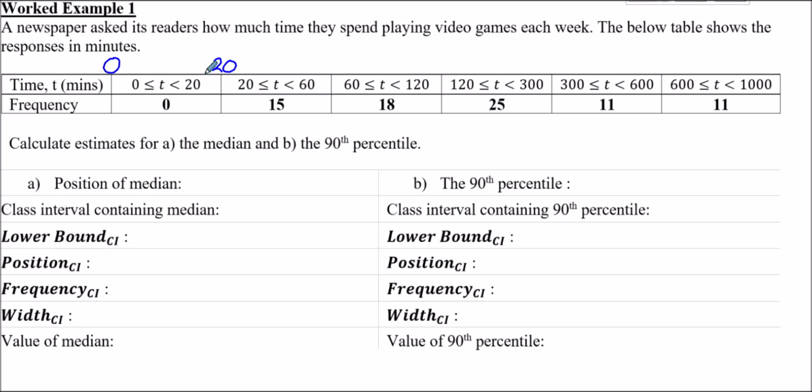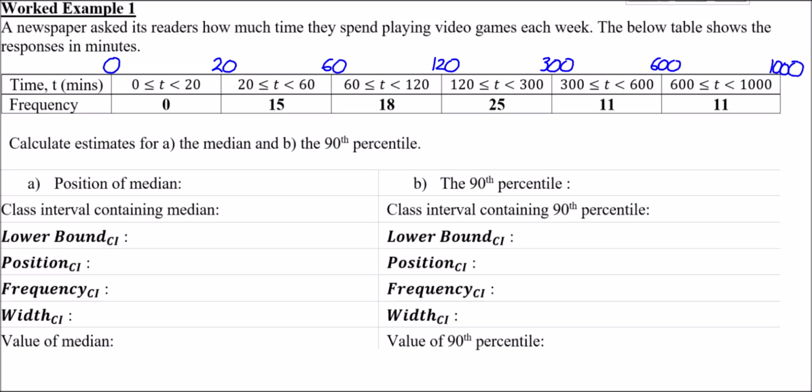So we always go halfway between the upper of one and the lower of the other, if they don't overlap. Here though, they do touch, so we just put 20. Between 60 and 60, this boundary is 60. This boundary here is 120, and so on. We go all the way to the end at 1000.